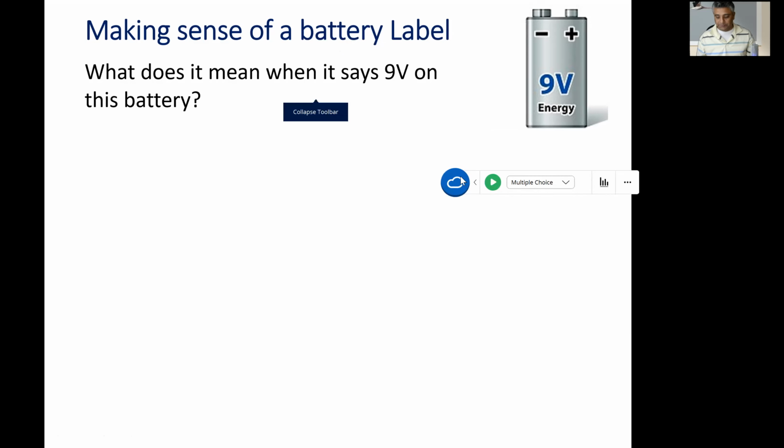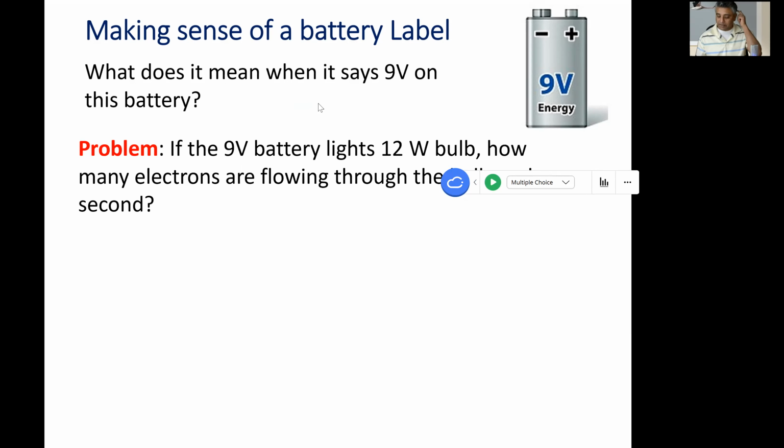Now we see there are batteries that may be like 9 volt. For example, smoke detectors use 9 volts. And a regular dry cell is 1.5 volts. So what does it mean when we say it's a 9 volt battery? Let's talk a little bit about it.